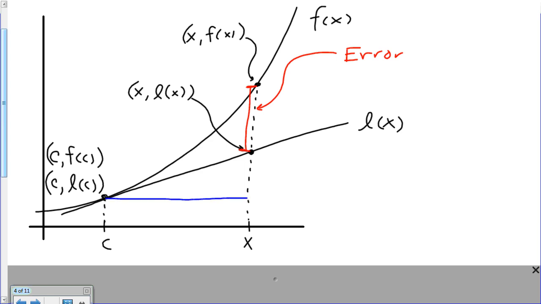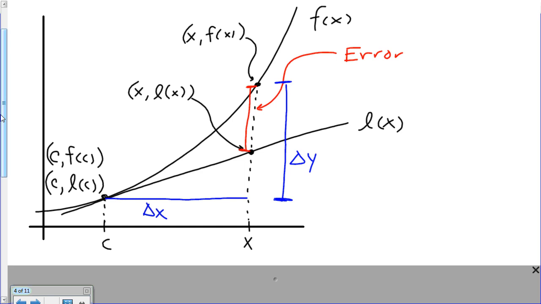If I measure this distance horizontally between these two points on my original function, the difference in the x values is delta x. And if I measure the vertical distance between these two points, from up here down to here, that's delta y. So delta y measures the vertical distance between those points on my original function f.